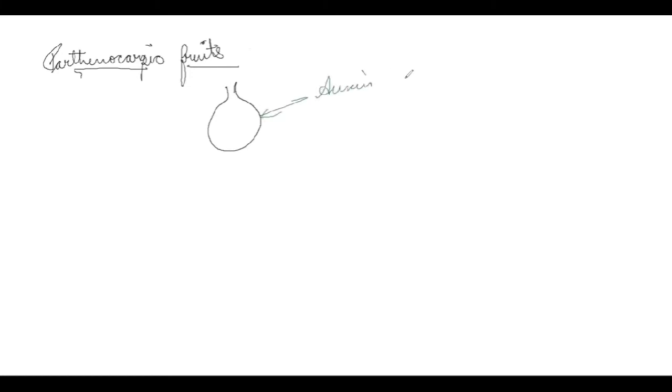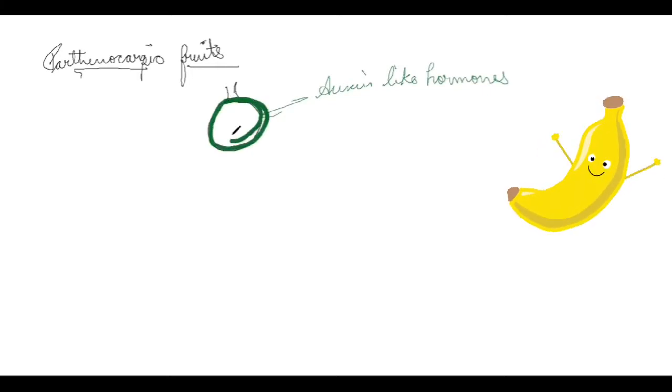Auxin-like hormones induce fruit formation from the ovary. Clear? So this ovary is going to form a complete fruit without undergoing fertilization. This is known as parthenocarpic, and the example we have is banana.